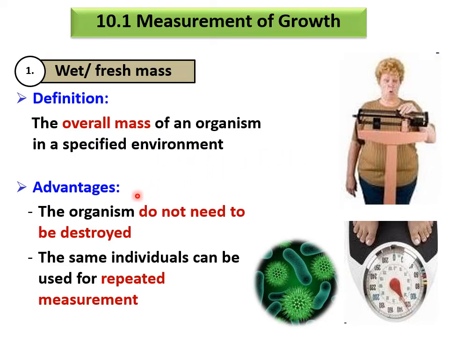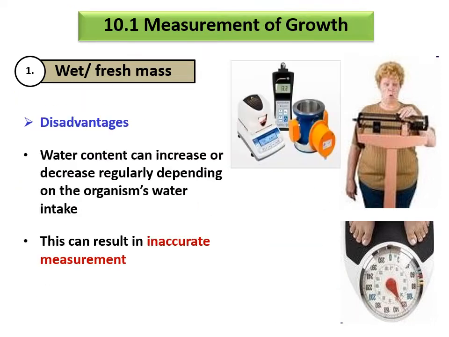The advantages: the organism does not need to be destroyed and the same individuals can be used for repeated measurement. Disadvantages for wet mass: water content can increase or decrease regularly depending on the organism's water intake. So this can result in inaccurate measurement.